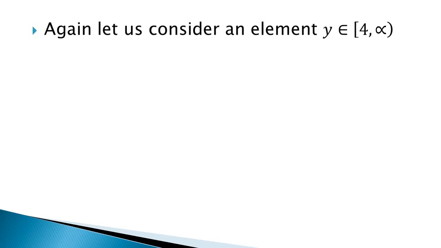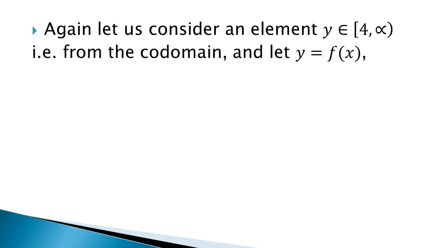For the second part, let us consider an element y from the codomain of the function, that is 4 to infinity, such that y is equal to f(x). We let it like this. So upon putting the value of f(x), we get y equals x square plus 4.